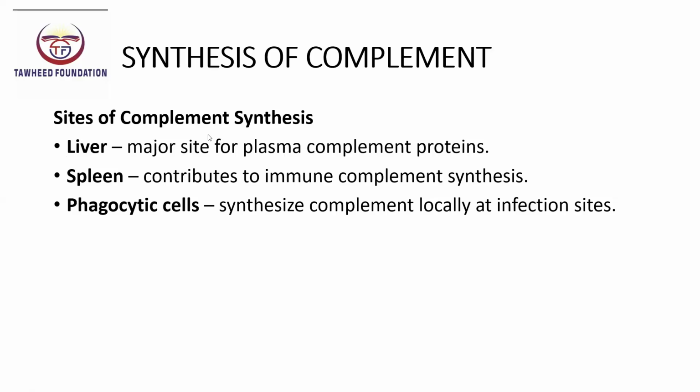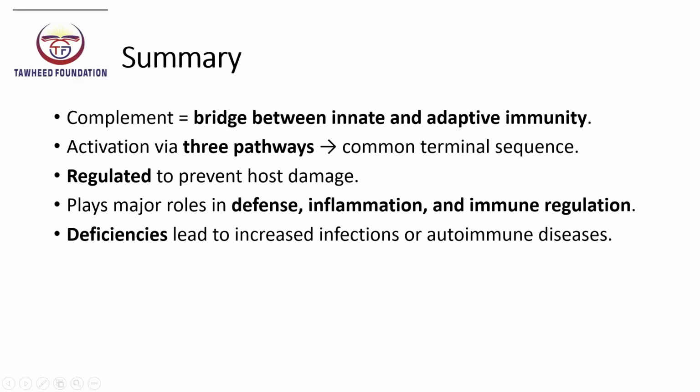Next is the summary of this class. So, in summary, the complement system serves as a vital link between innate and adaptive immunity, coordinating defense mechanisms that act rapidly and specifically.